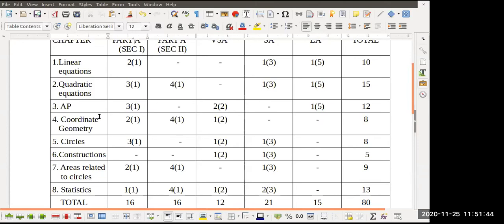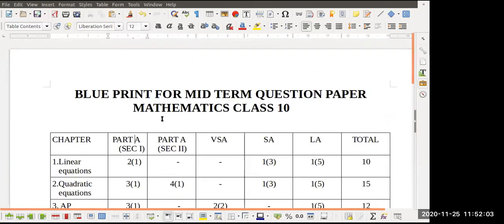Statistics is also very simple, because I can give you a distribution and ask you lots of questions on that. Every day when I'm doing the distribution, I'm speaking lots of content. If you are attentive, it is very easy to score in that. I hope you have made a note of this blueprint.